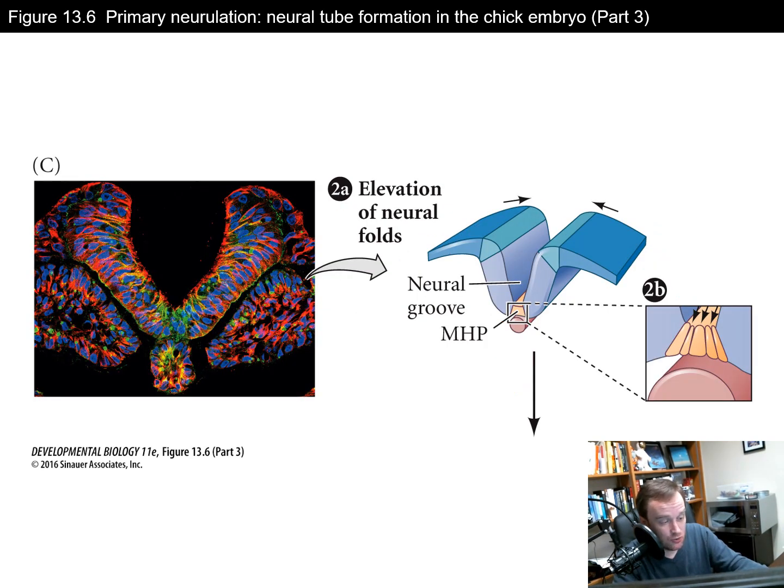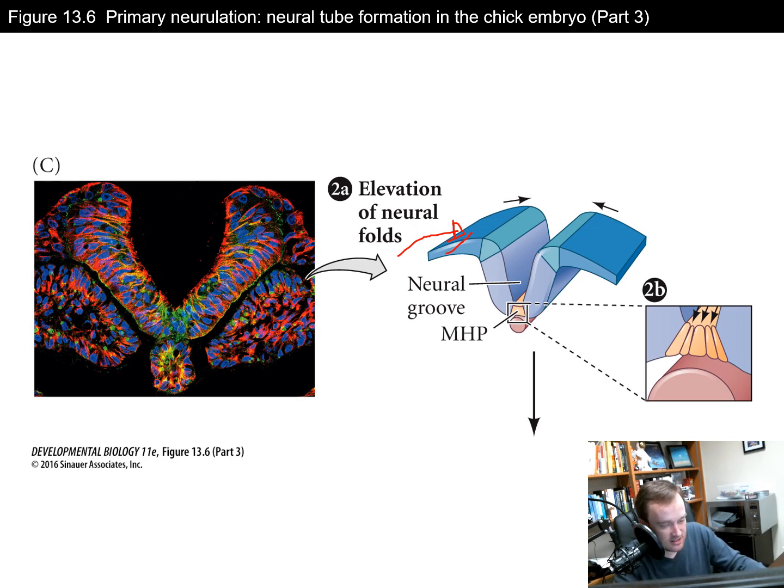So stage 2 is the elevation of the neural folds. The neural folds are elevated as the primitive epidermis continues to move towards the dorsal midline. So these here are the neural folds, and they kind of rise up. And there's asymmetric constriction of actin in the apical side, which changes the cell shapes to promote this MHP bending, the midline hinge point bending.